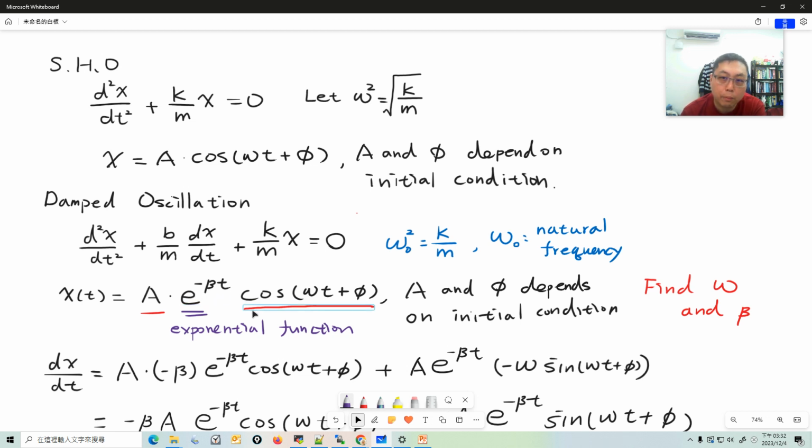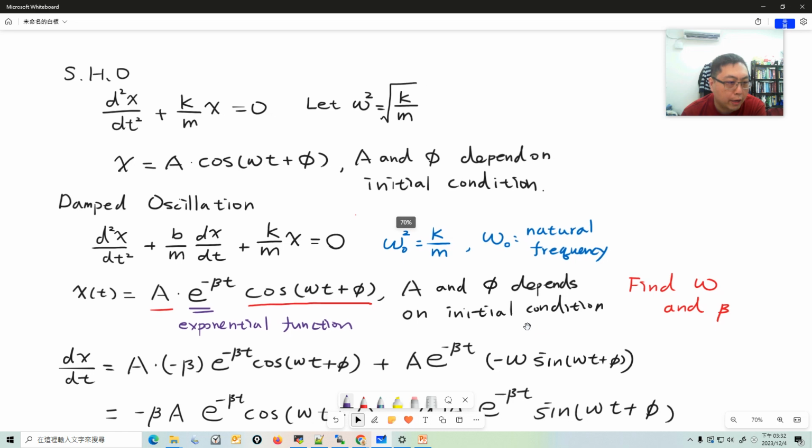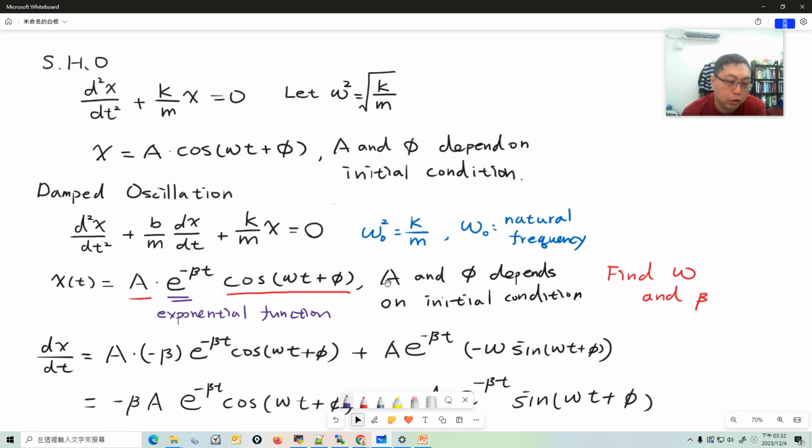And the same as in the simple harmonic oscillation, the amplitude and phase constant are also dependent on the initial condition. But right now we are not going to solve the amplitude and phase constant in damped oscillation.